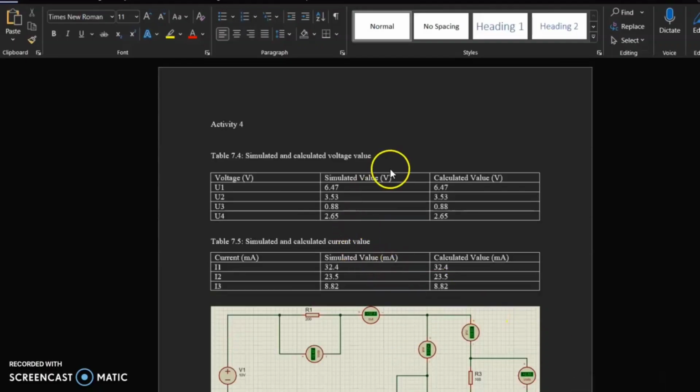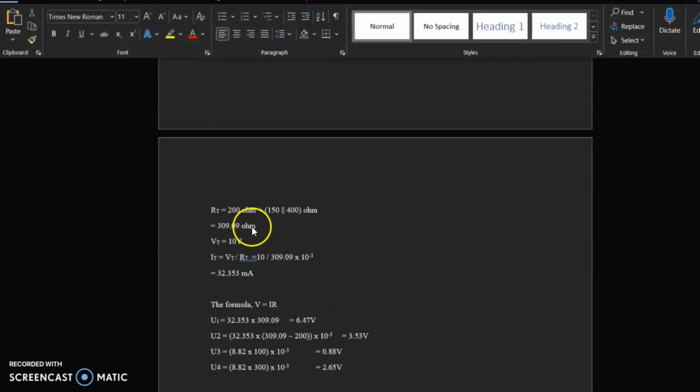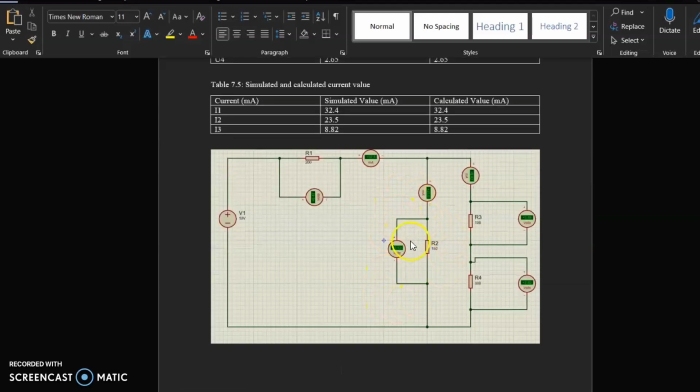So here is the simulated value that I got from the simulation earlier. And this is the calculated value that I calculated manually using the formula. For the total resistance, I got 309.09 ohm. To find the total resistance, I used the formula: 200 ohm plus 150 ohm in parallel with 300 plus 100 ohm, so it is 400 ohm.